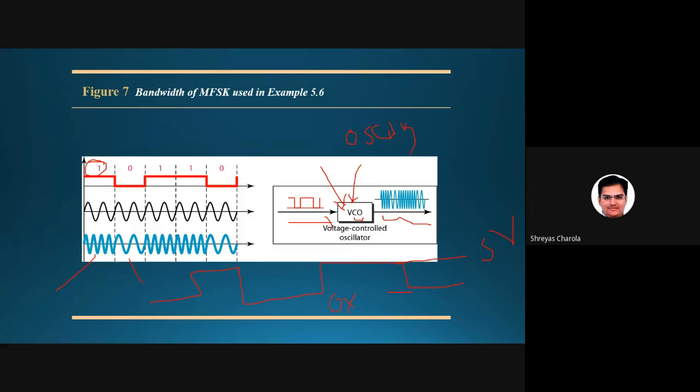After that, you said delta F is nothing but the difference in frequency of F1 and F2. That is the wrong answer.